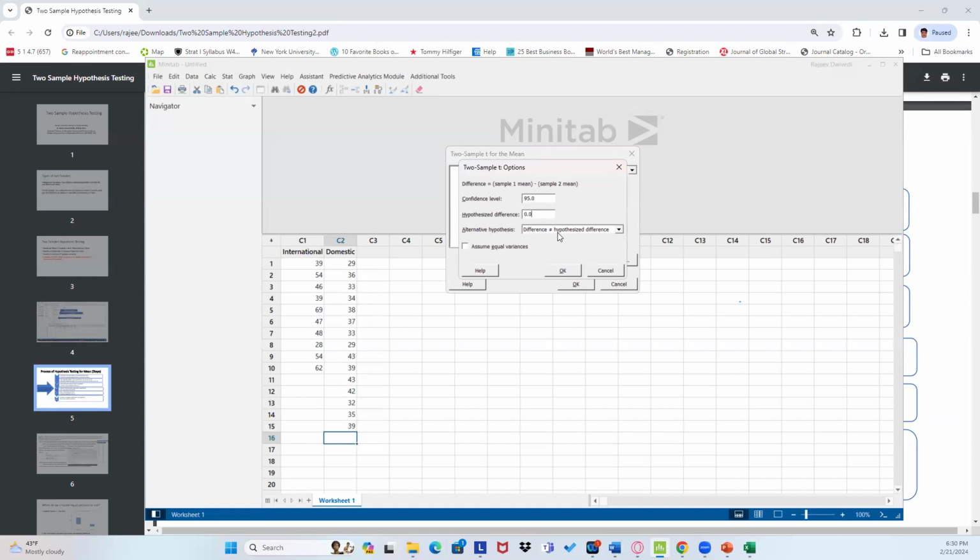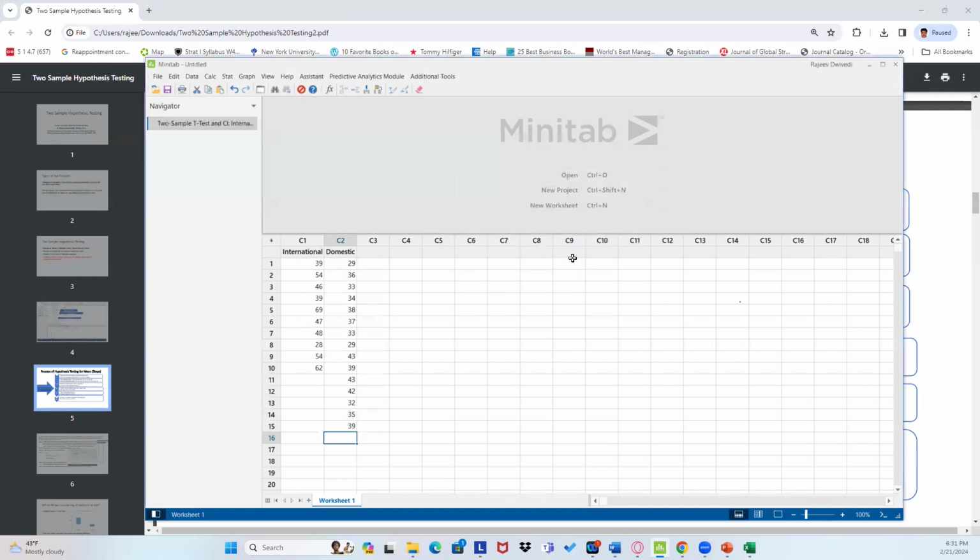Now come to this option: when do we assume equal variance, and when do we assume unequal variance? We will talk about this later. So I'm not assuming it as of now, but we can check. And graphs we don't need.